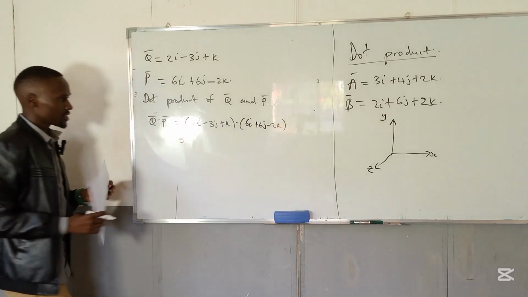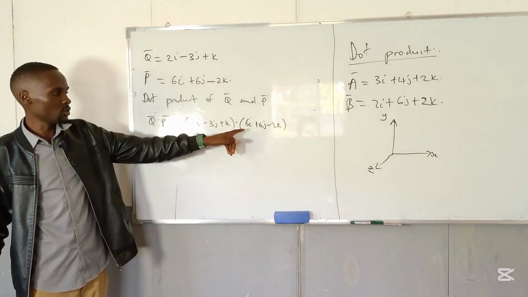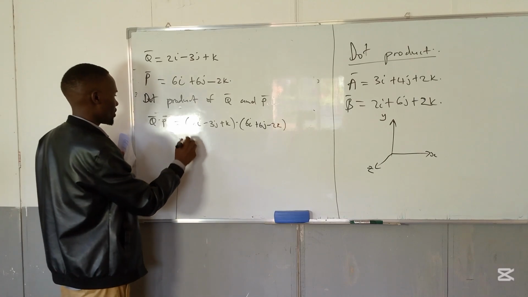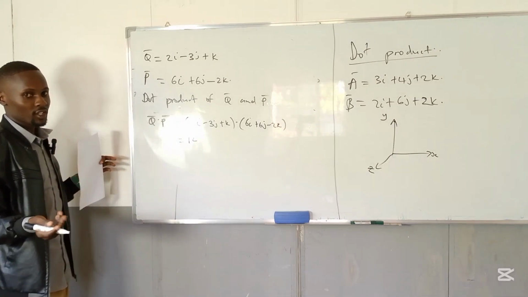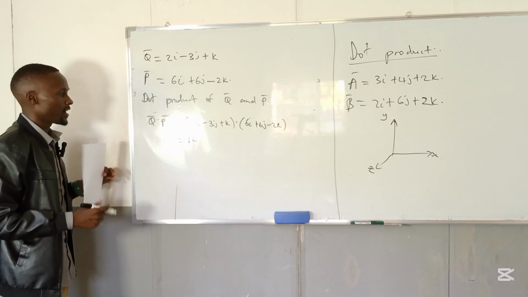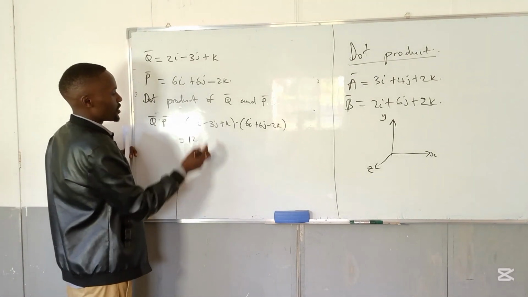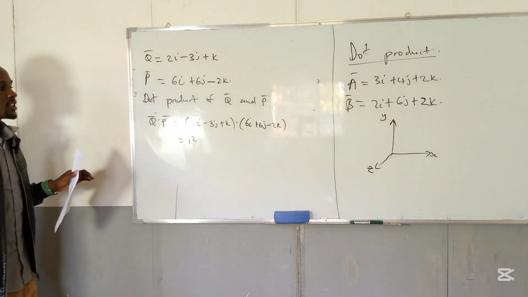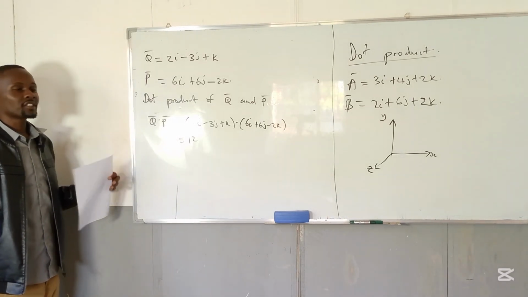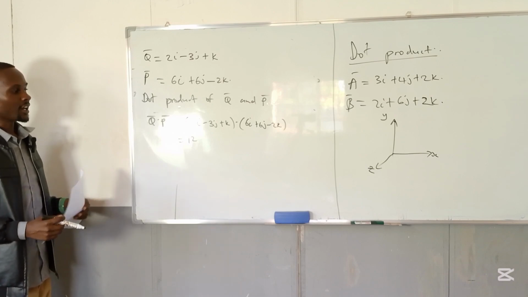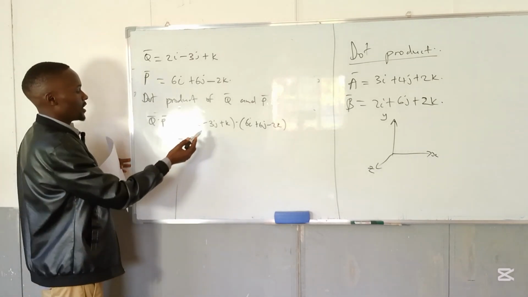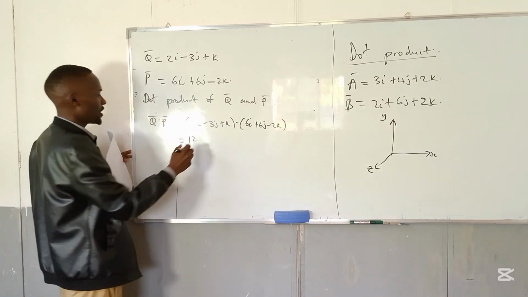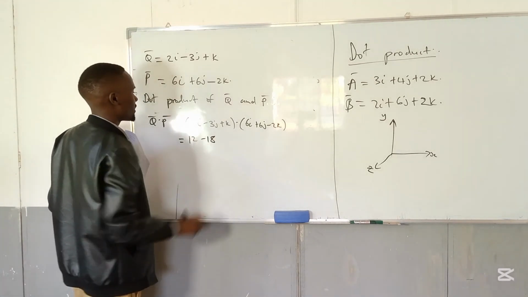Now we open the brackets. 2i dot 6i, we shall be having 2 times 6, that is the same as 12. i dot i is 1, okay? That means we shall be eliminating the i. Negative 3 times 6, a negative times a positive, we get a negative 18.